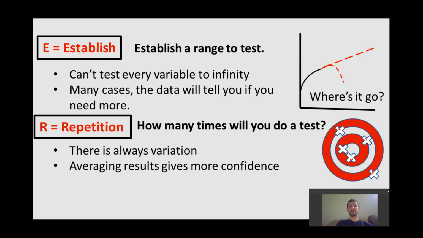Accuracy is how close am I to the bullseye. I was hoping to hit here. How often did I do that? How close was I to the bullseye? The closer I am, the more accurate I am. They don't have to be the same thing. So precision, how close are my shots together? Accuracy, how close am I to that bullseye over there that I want to hit?